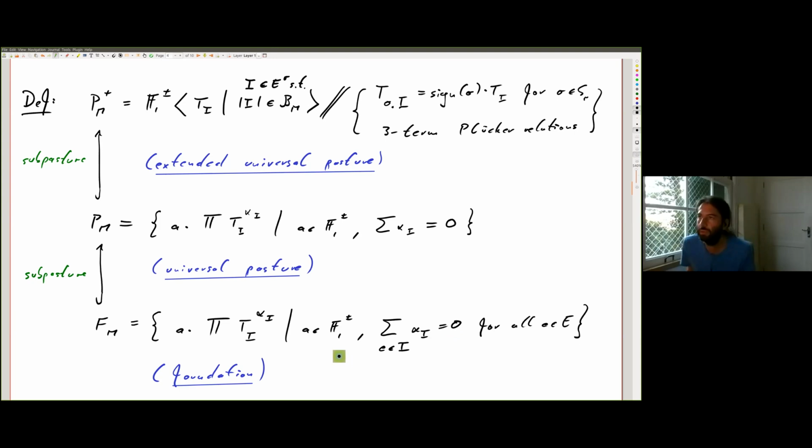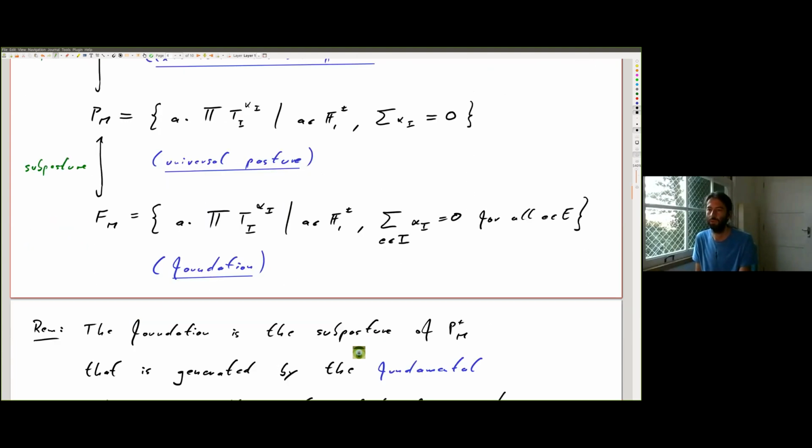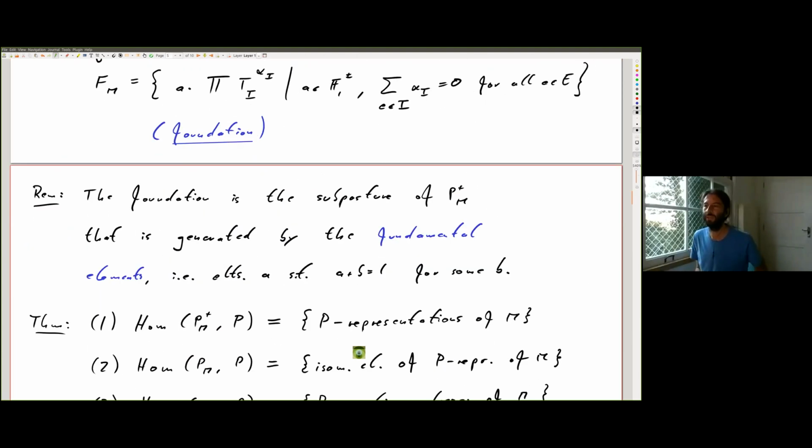And from the definition, it's not hard to derive the following theorem. First of all, here's a remark. Why is it called a foundation?